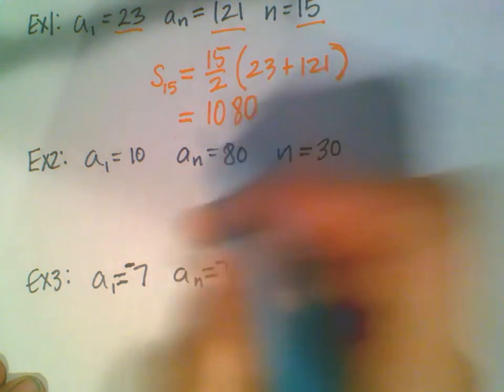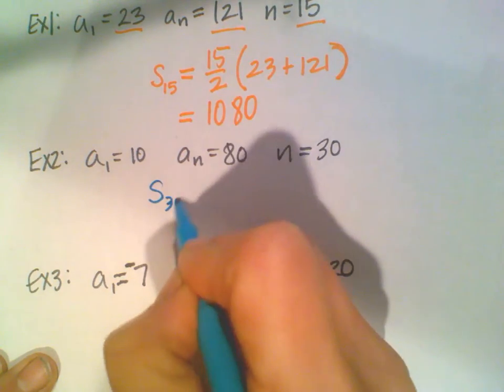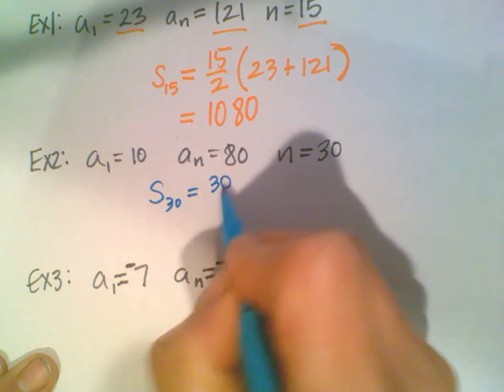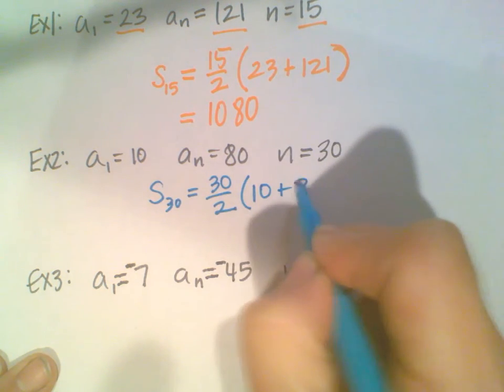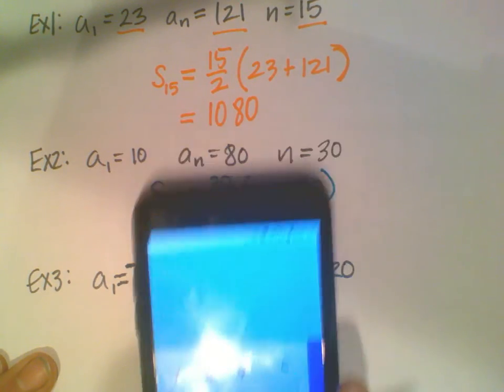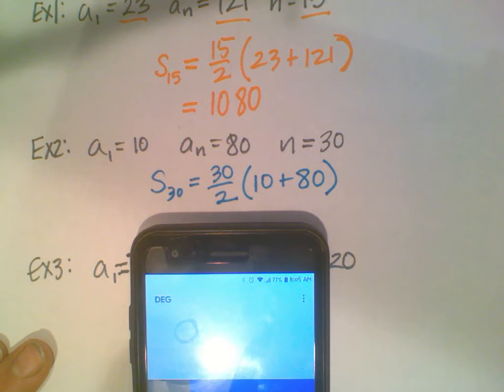So this next one is the sum of the first 30 terms is equal to n over 2 times the first term plus the last term. And so for me, again, I have to do parentheses around mine.